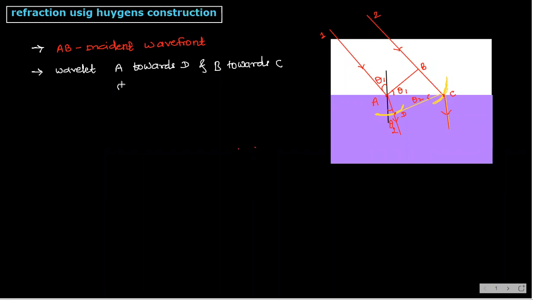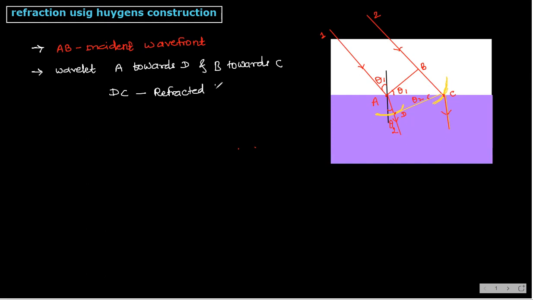Now next you see, we have refracted light wavefront, that is DC. DC is what?